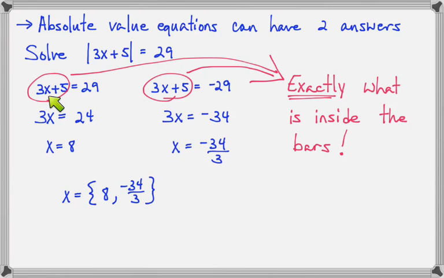And I want you to notice that in both equations I copied down exactly what was in the bars. You do not change the signs on the left side of the equation. It's the right side. It's either positive 29 or negative 29 in this case. It's the right side that changes sign, never what was in the bars. That always stays exactly the same.